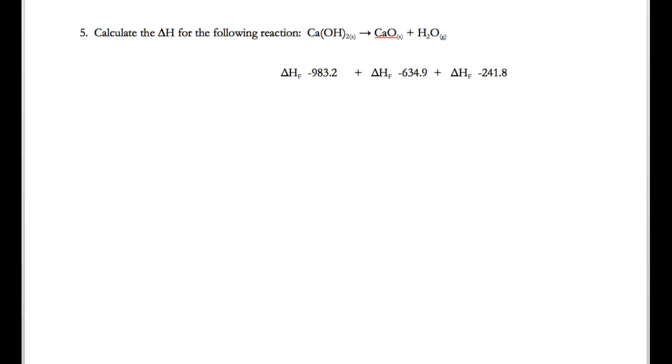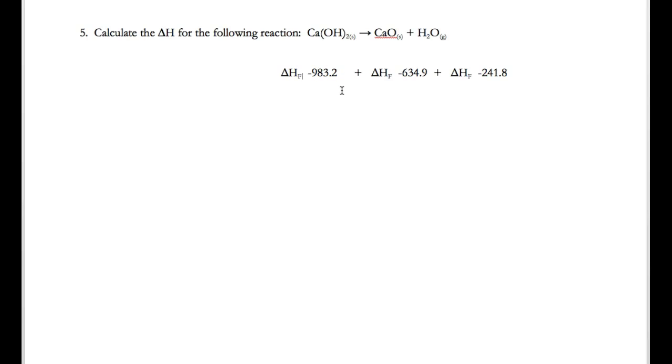So just to emphasize, this delta H right here is for calcium hydroxide, this one is for calcium oxide, and this one is for water vapor. So the next thing we want to simply make note of is that in the first case, on the reactant side, calcium hydroxide is not being formed, it is a reactant.